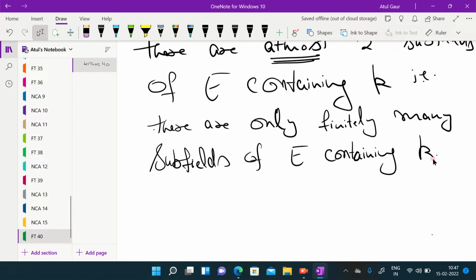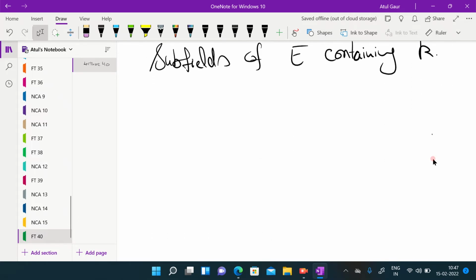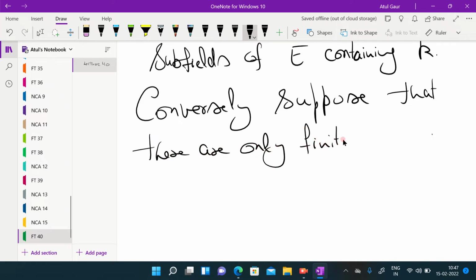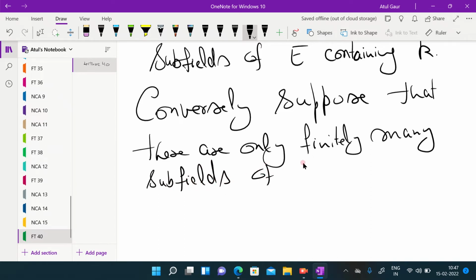So conversely, suppose that there are only finitely many subfields in between E and K. So because the extension is given to you finite, right?